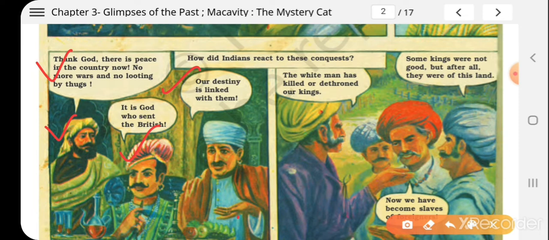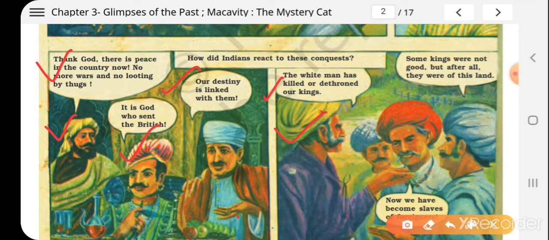But, aspect, some people were smelling that something very bad is going to happen. So these people are talking that the white man has killed or dethroned our kings. कि देखो ये लोग कुछ है जो बात कर रहे हैं, जो स्मेल कर रहे हैं कि अच्छा नहीं हो रहा है.